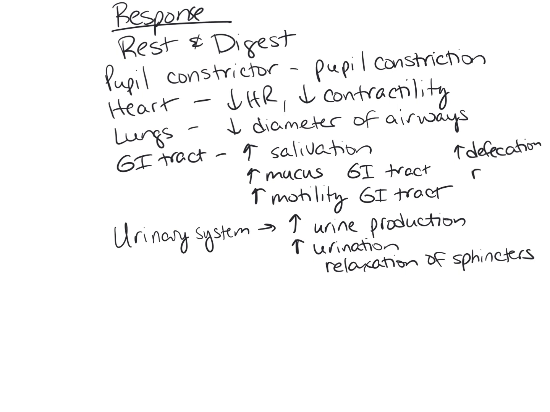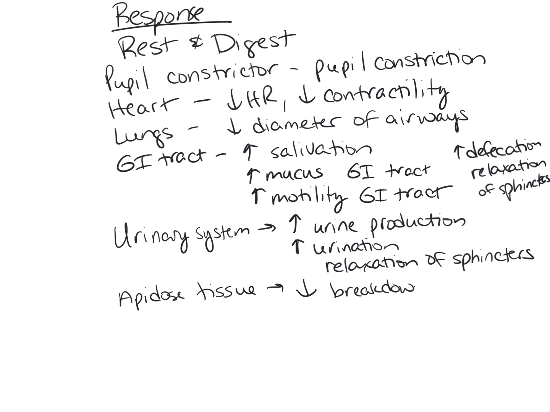So you have relaxation there as well of the sphincters. Adipose tissue will be inhibited. The breakdown of triglycerides will be inhibited because when you're resting and digesting, you want to store nutrients. You don't want to use nutrients for energy.